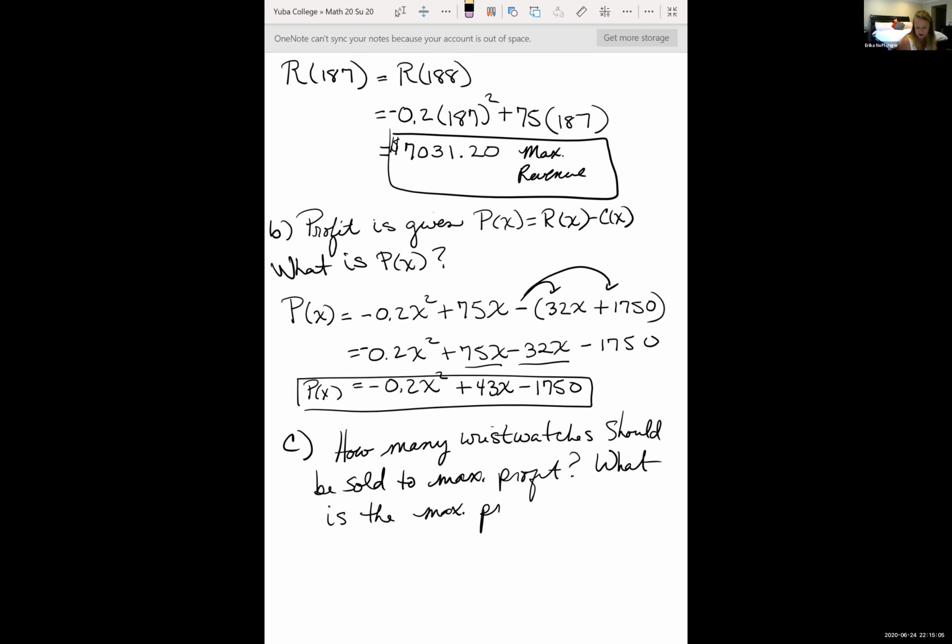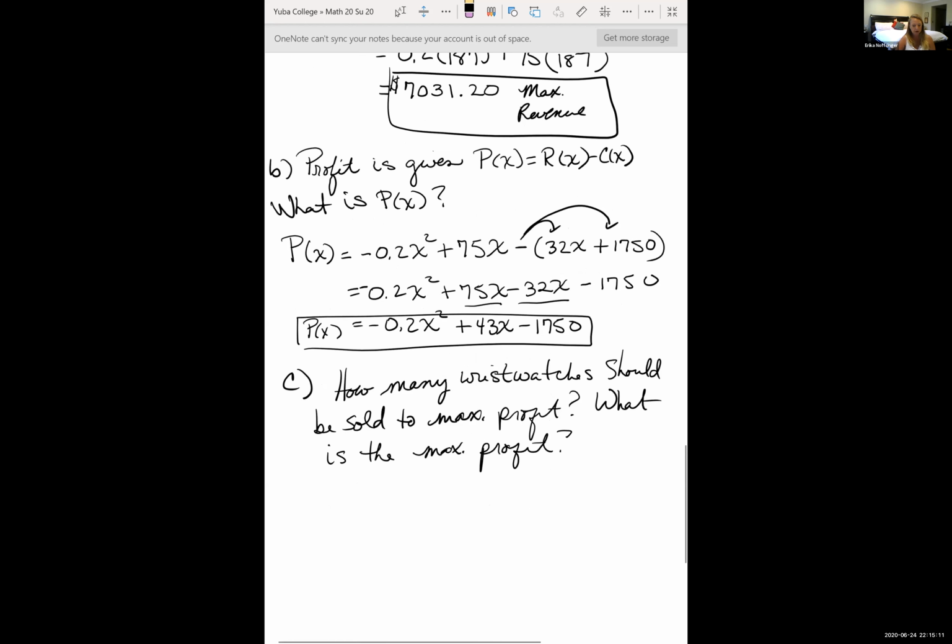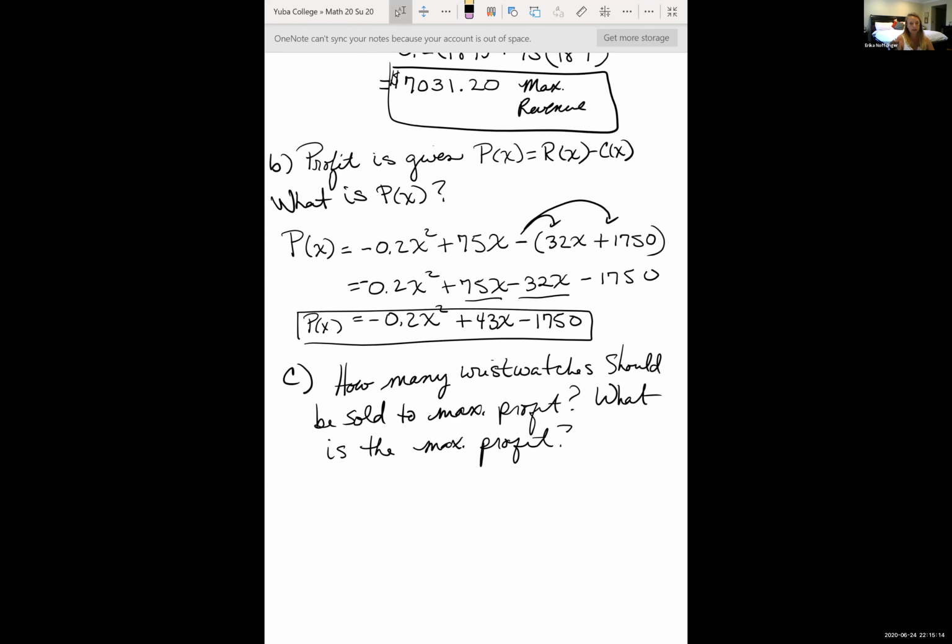So same sort of idea as the other one. Looking at this equation for my profit function, I see it's quadratic. I see that the coefficient in front of the x squared is negative, so I know it's a parabola facing downwards. So I know that the max is going to occur at the vertex. I need to figure out what the x value of that vertex is.